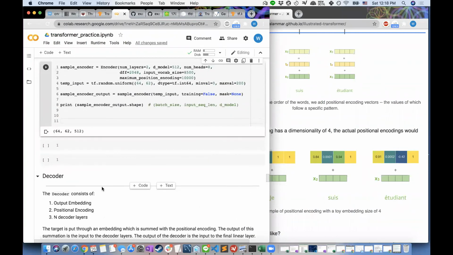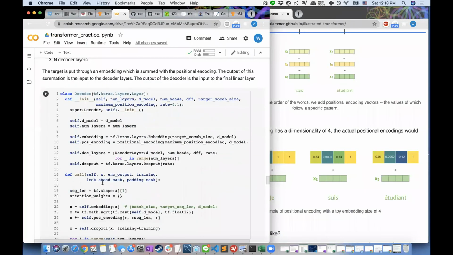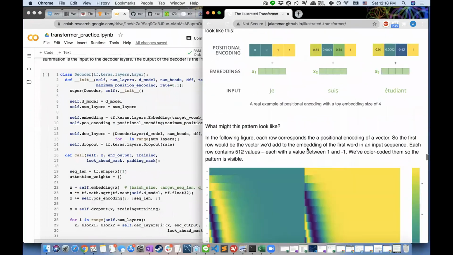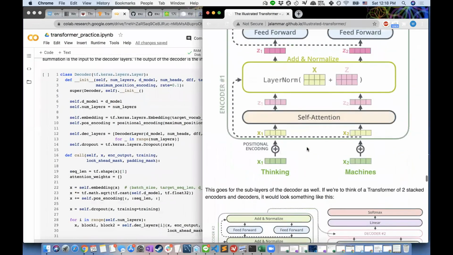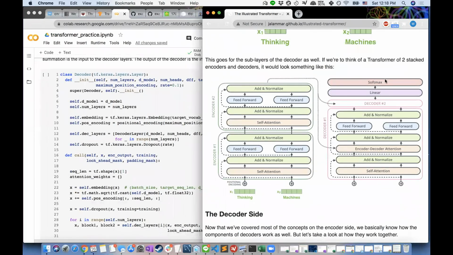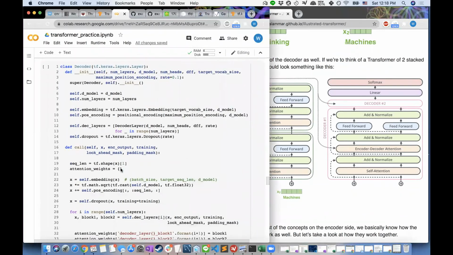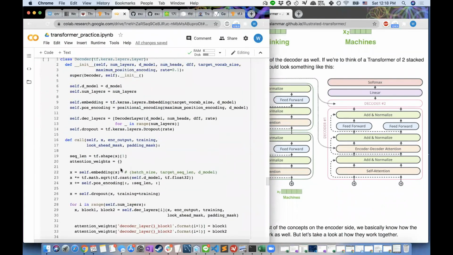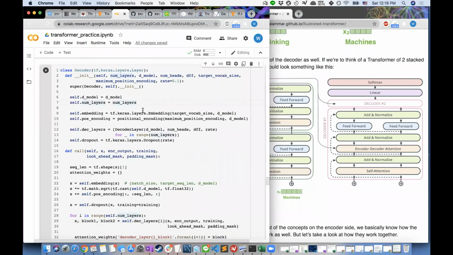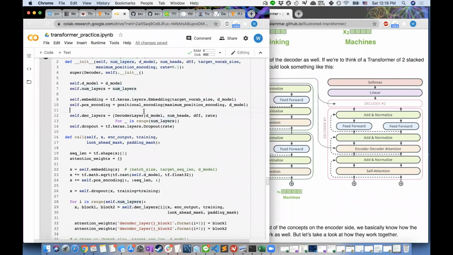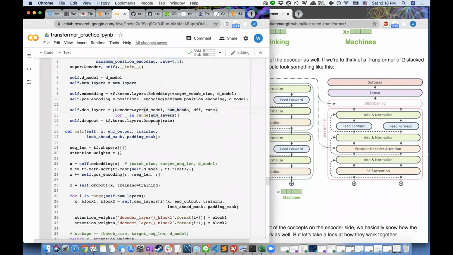It gets a little more complex when you stack everything together. Okay, decoder. Again, we're creating a decoder class that would stack all 6 decoders together. We have the D model, number of layers, again it's 6, and we have embedding and positional encoding.